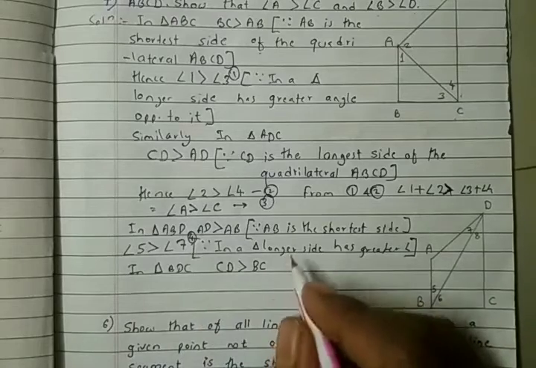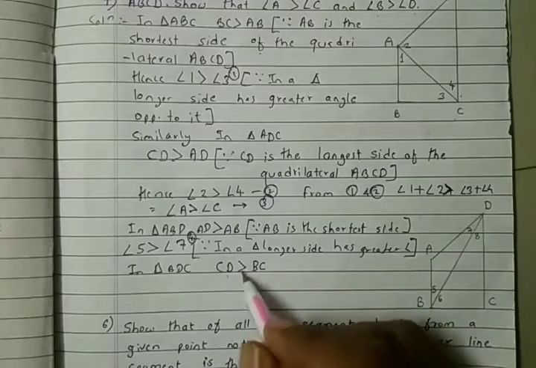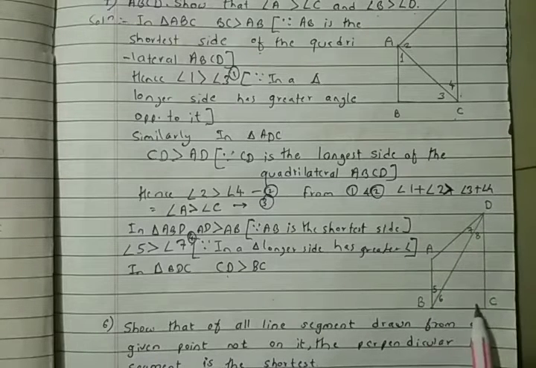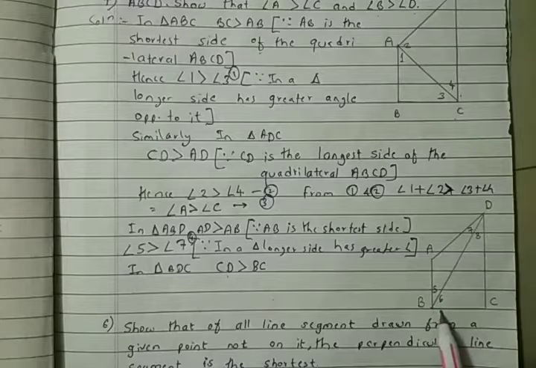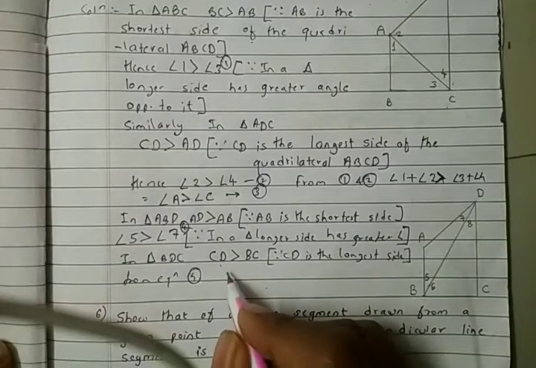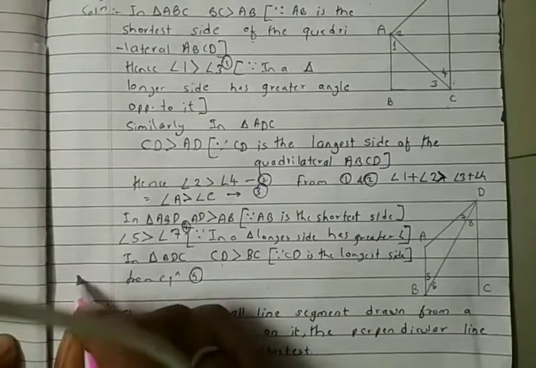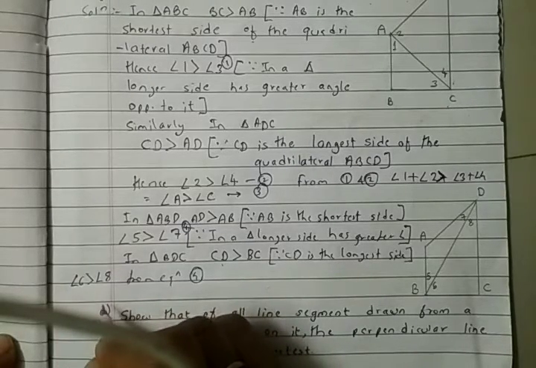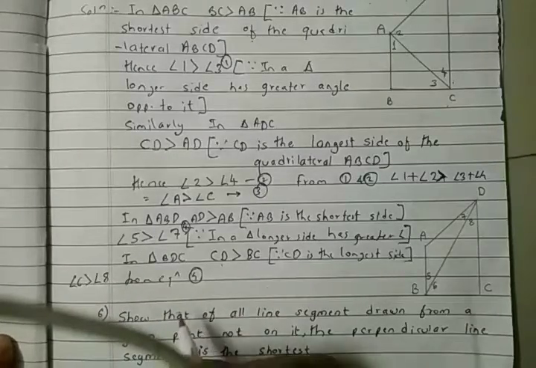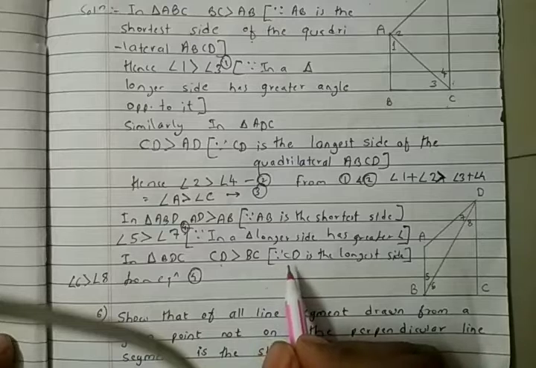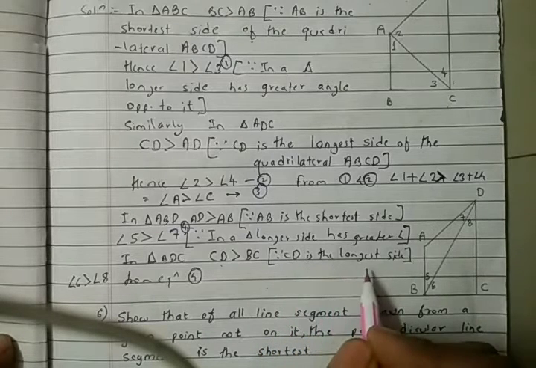And now since CD is greater than BC, you can say that angle 6 is greater than angle 8. So we will make a mention of it. Angle 6 is greater than angle 8, right? And we have to write the reason also why CD is greater than BC, because CD is the longest side.